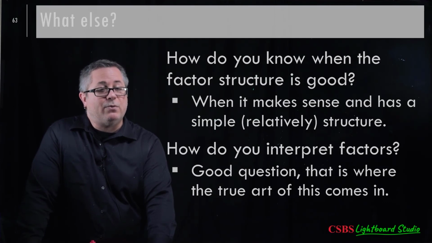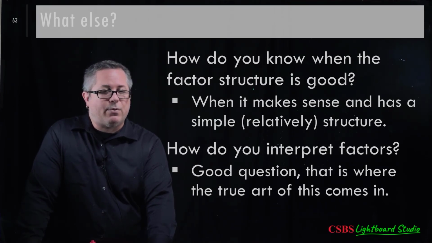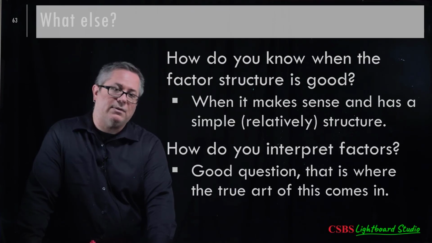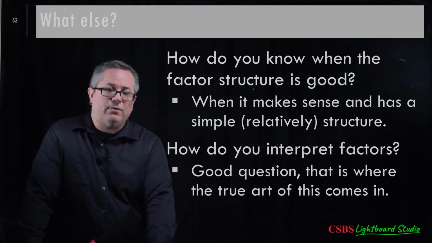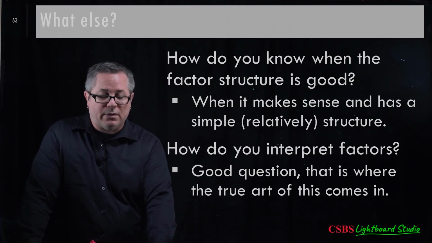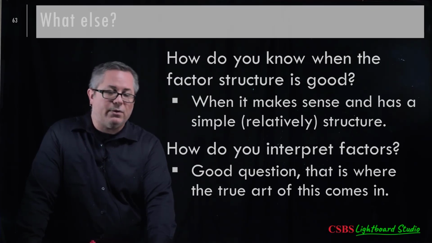Doesn't mean that it's the only factor structure that could have been found. And that's part of the struggle with this, is that you could factor analyze, especially larger data sets, a few different ways, and all of them seem perfectly viable. And it's really going to be based on your theory or something that's going to lead someone to believe one way or the other in terms of what factor structure really is the right structure.